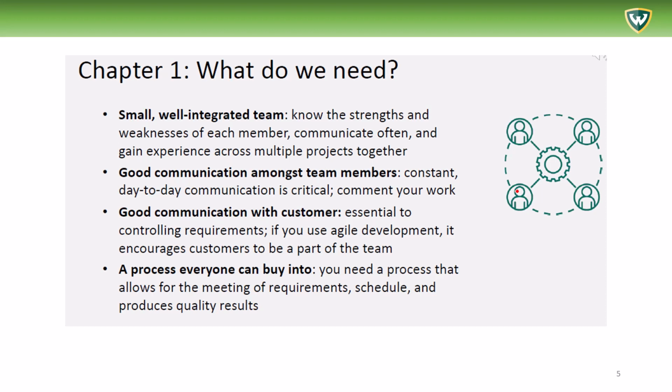The members need to communicate often and gain experience across multiple projects together. So we have to have good teamwork. We'll also talk more about teams later in this course. Good communication among team members, which I mentioned is a component of well integrated teams, and this often needs to be day-to-day communication.